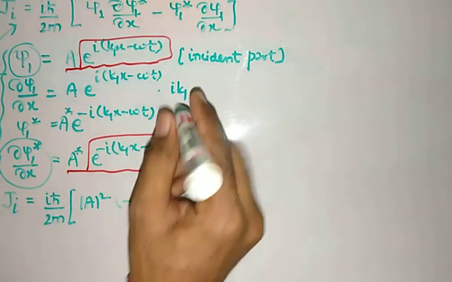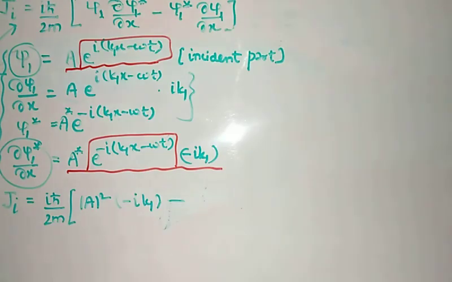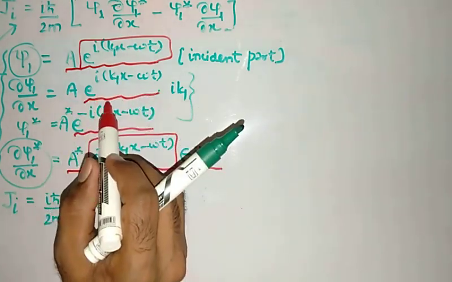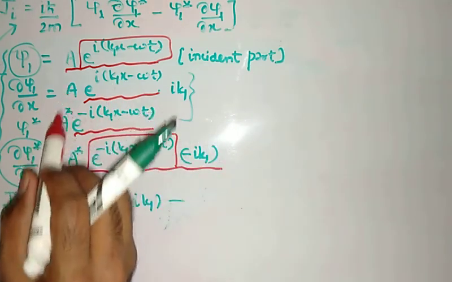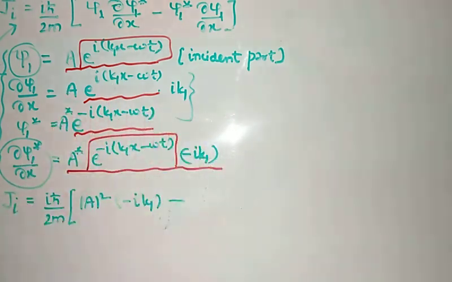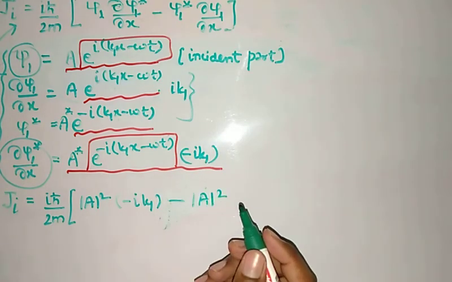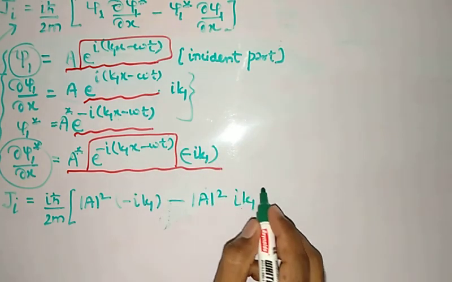So now we will use this part. For this part again, the multiplication of this term and this term will give us 1. So this is again mod A square and this is i k1. We can write mod A square i k1.